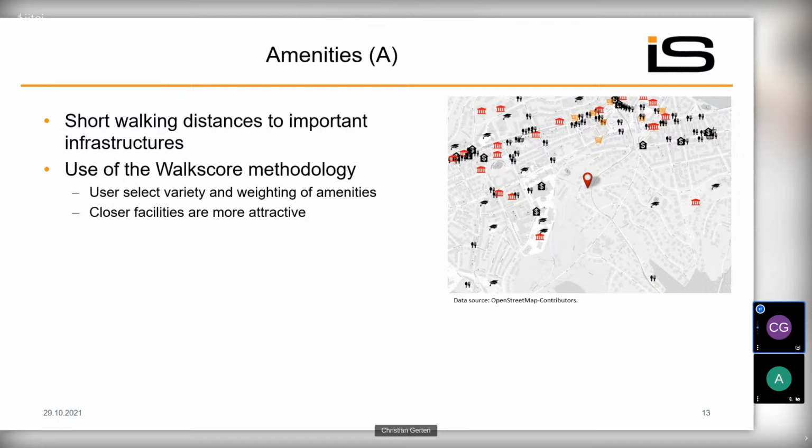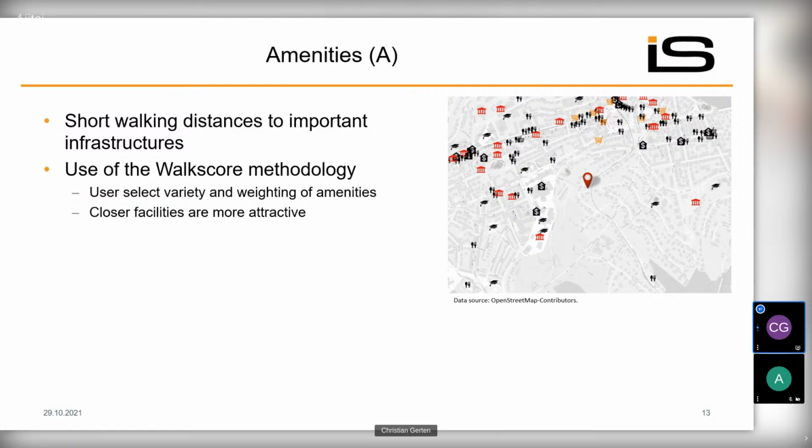Yeah, the last indicator, and for many assessment tools the most important one, is the supply with important infrastructures. Here short distances are very important and affect the walkability, as it's very clear that if you have a supermarket which is 200 meters away, it's okay for walking and getting supplies there.